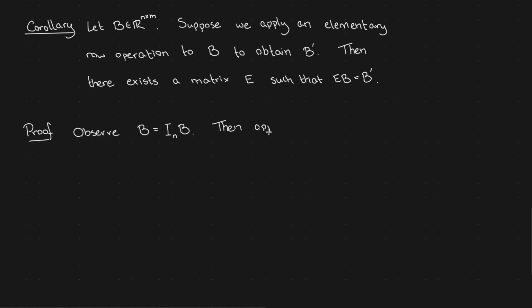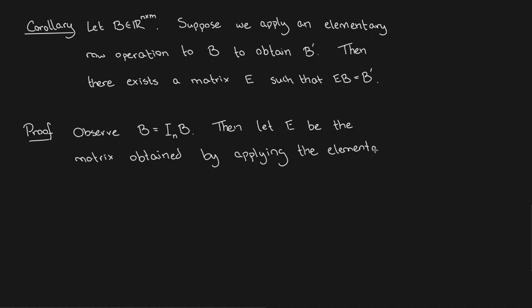Then let E be the matrix obtained by applying the elementary row operation to our identity matrix.